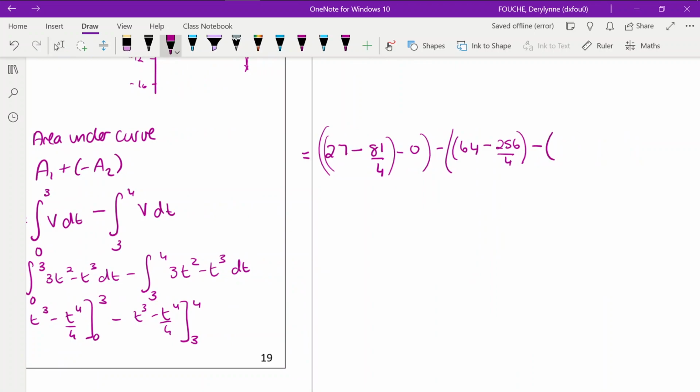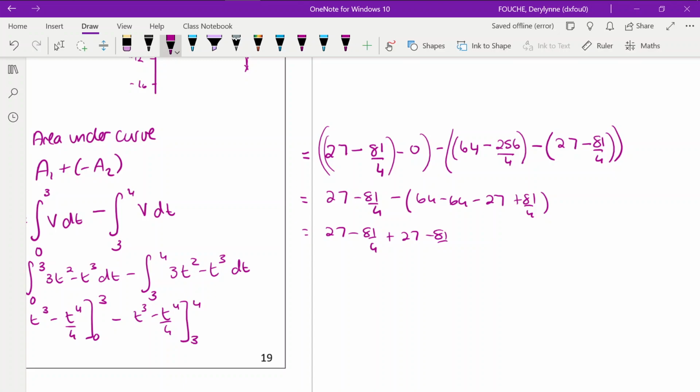Minus 27 minus 81 on 4, and that gives me 27 minus 81 on 4 minus 64 minus 64, 27 plus 81 on 4, which gives 27 minus 81 on 4 plus 27 minus 81 on 4, and when I work that through I get 13.5 meters.